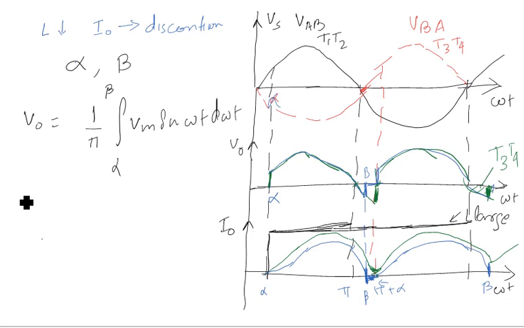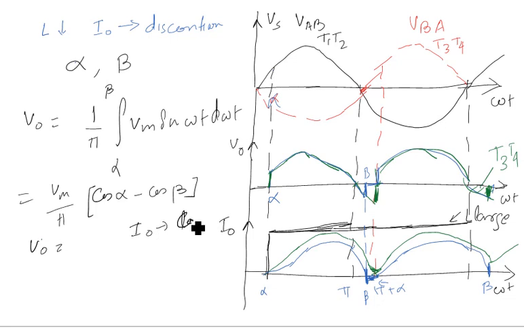So you will get Vm by pi times minus cos omega t, that is Vm by pi (cos alpha minus cos beta).